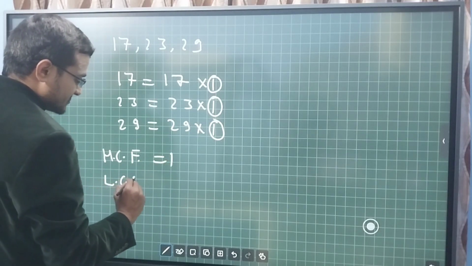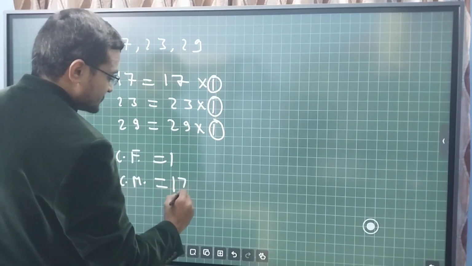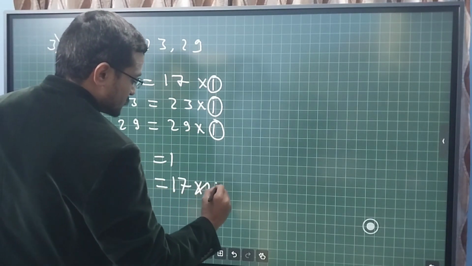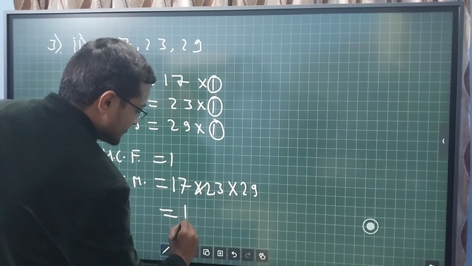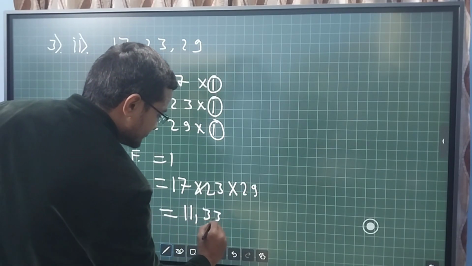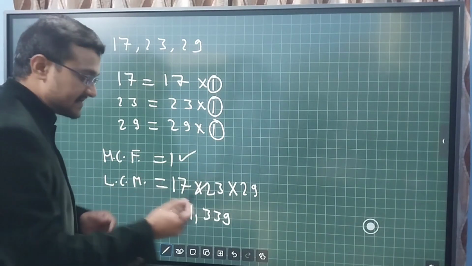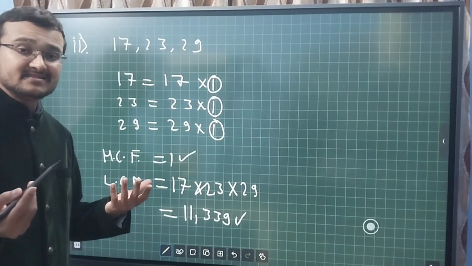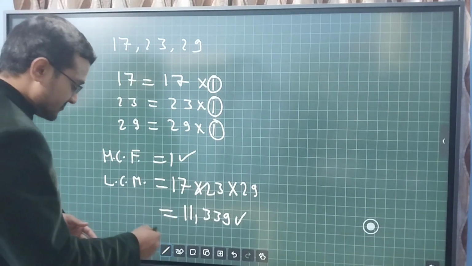You have to take all the numbers because there is no common factor. So you can just take 17 into 23 into 29. So when you solve this, you will get 11,339. So here HCF will be 1 and LCM will be 11,339. So one more question is there in this third question that you can solve on your own.